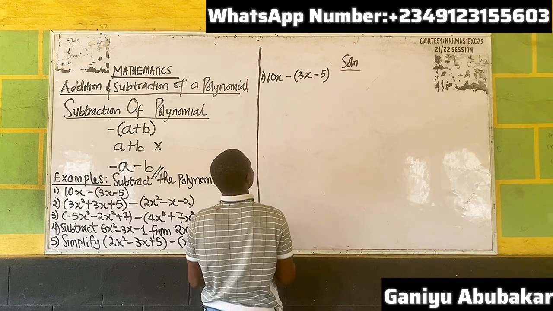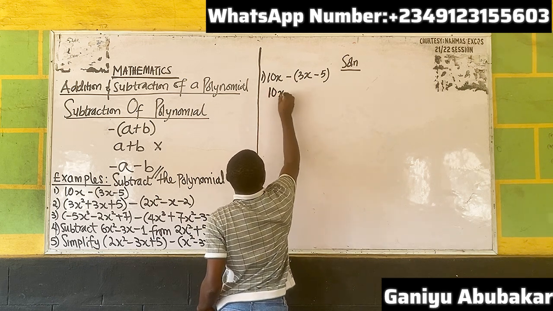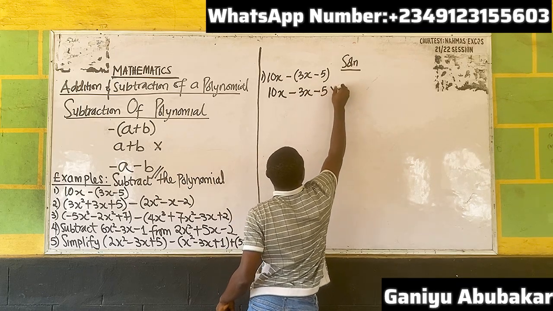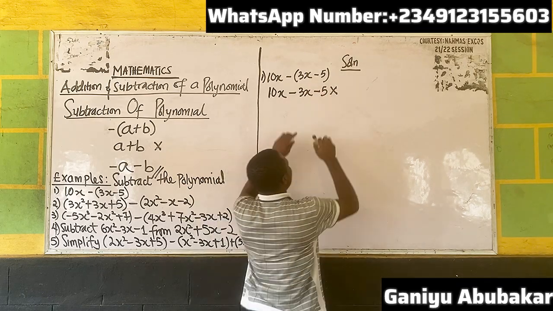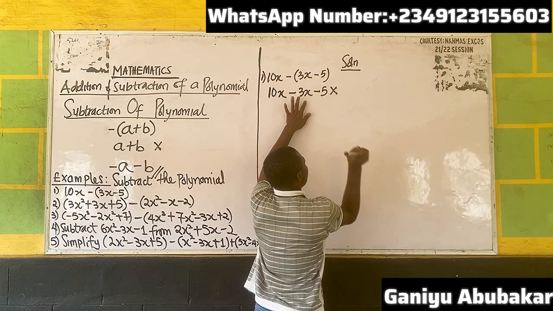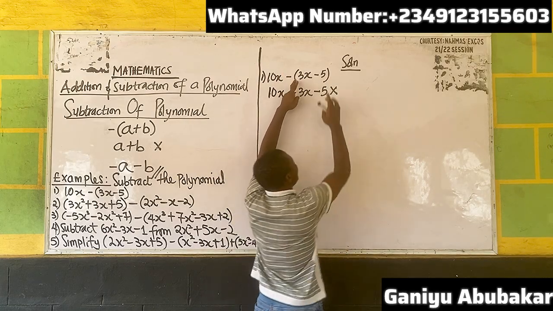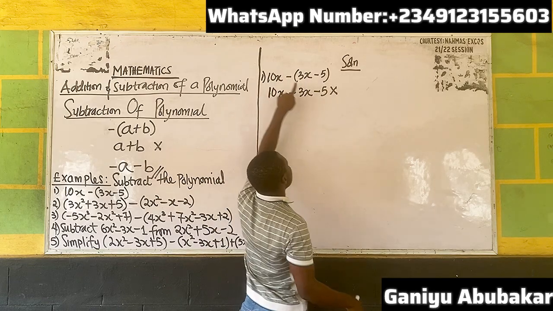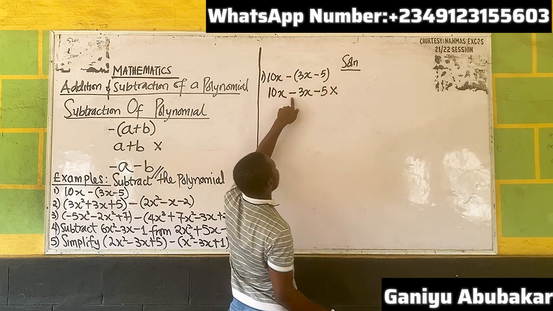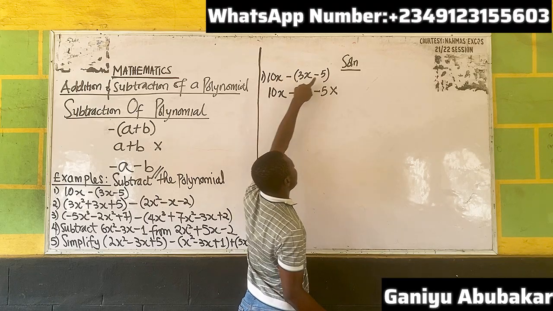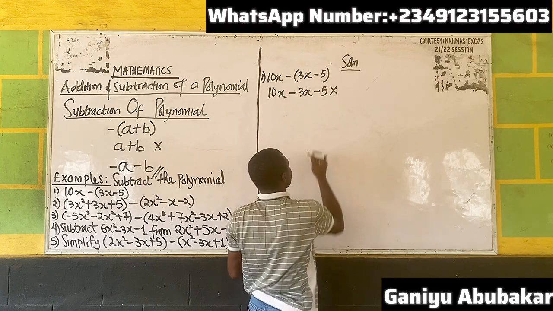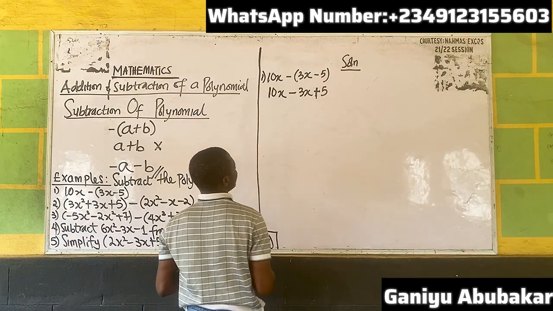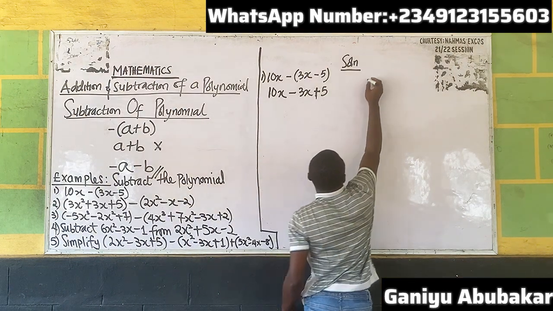If I say this is 10x, this is minus 3x minus 5, this is wrong, because I just repeated the terms back. If there was a plus here, I could do that. But it's a negative sign, so the negative will affect the bracket. Negative times 3x gives you negative 3x. Negative times negative gives you positive 5. Alright, I have this. Your task is to collect like terms, obviously.